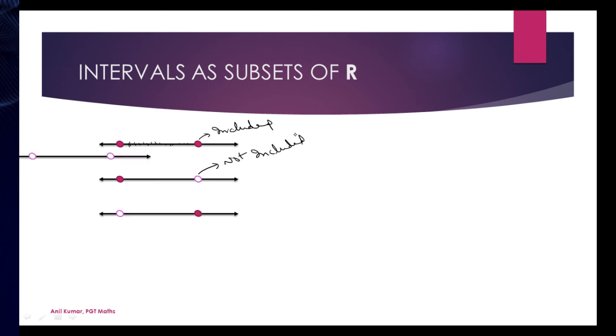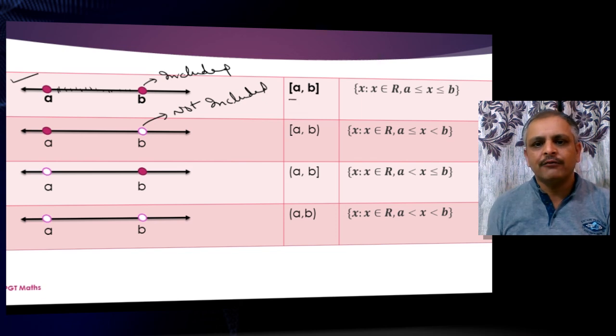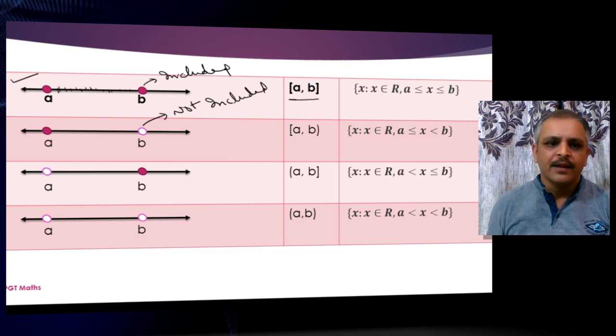Okay, let's see. Four types are possible: both dots can be dark, one can be dark and the other empty, the reverse, and both can be empty. What does it mean? This is the first type of number line. This is representing the interval from the number A to B. The first dot is representing number A and the second dot is representing number B. So that means all the numbers in between.